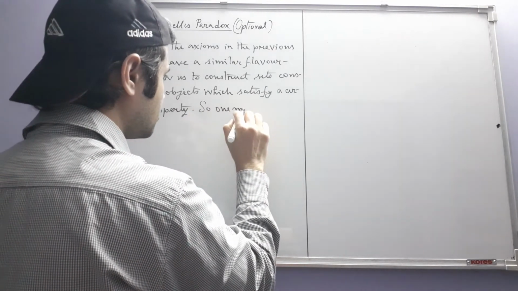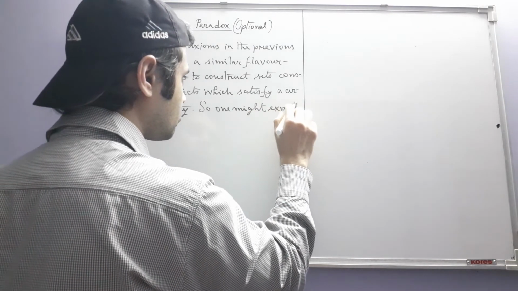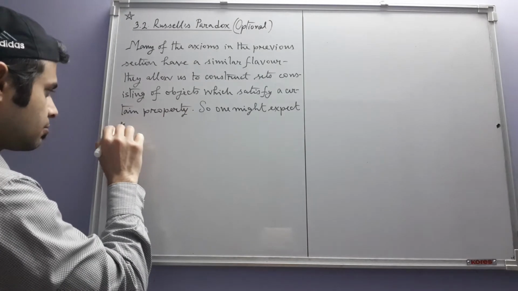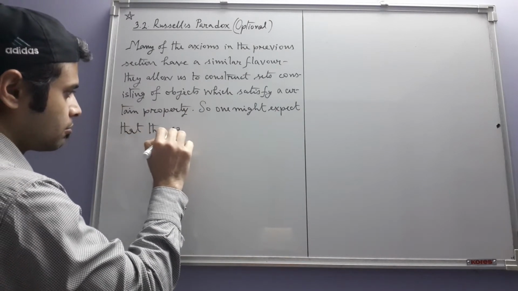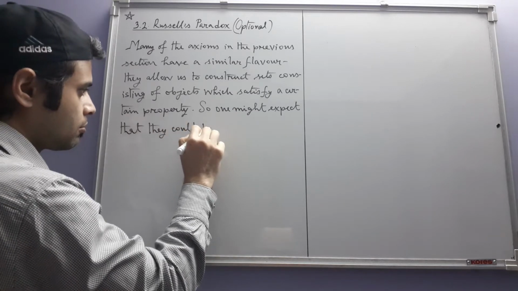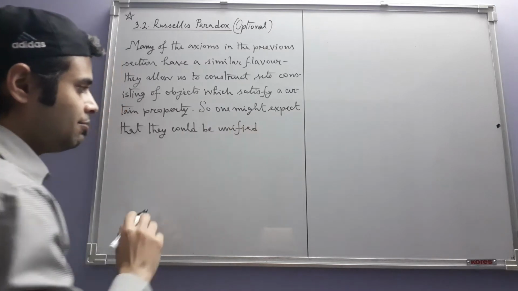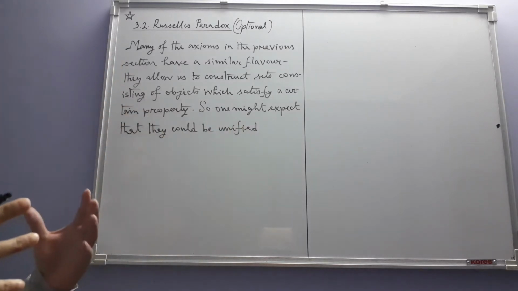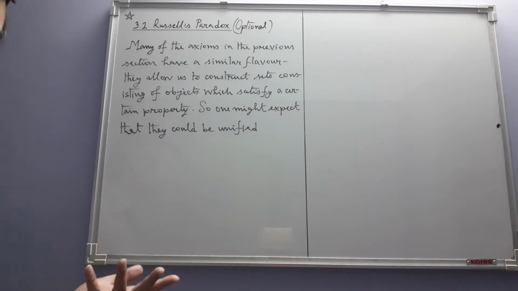So one might expect that they could be unified. If they have a similar flavor, then why have that many axioms?